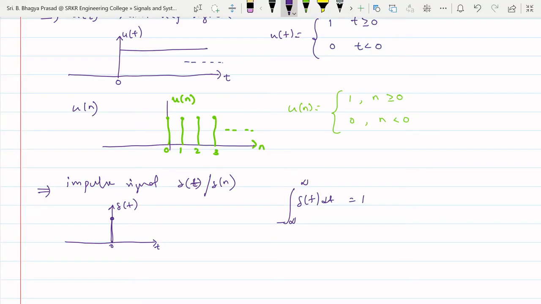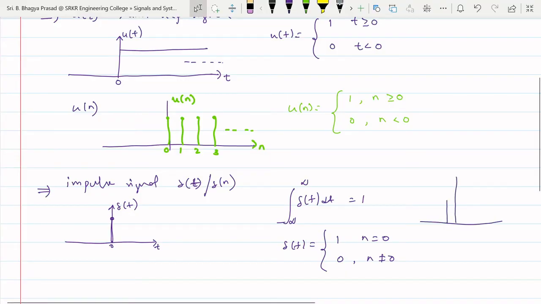But in some textbooks, delta t is given as 1 for t equal to 0 and 0 for t not equal to 0. So there is an ambiguity, or some trouble, in representing it like this.